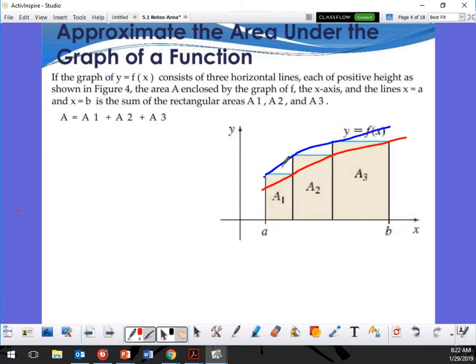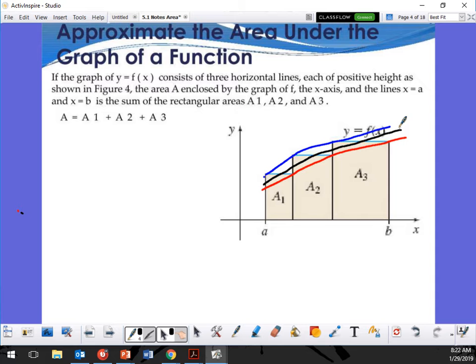Okay, so there's one more type to go along with this. The other type is called midpoint. I would be connecting the midpoint of each of my rectangles.